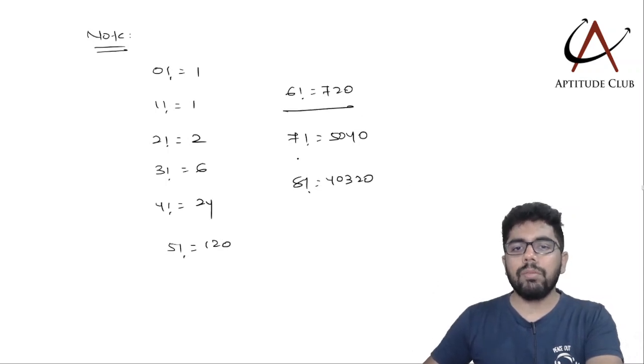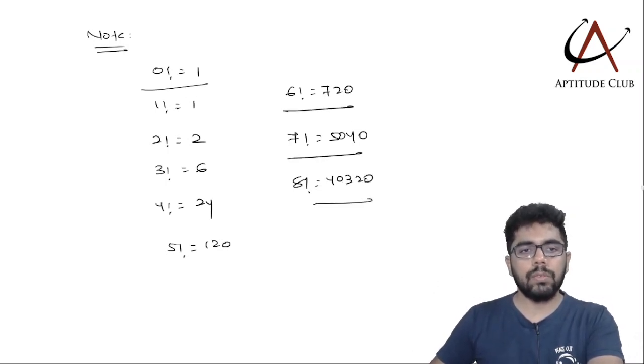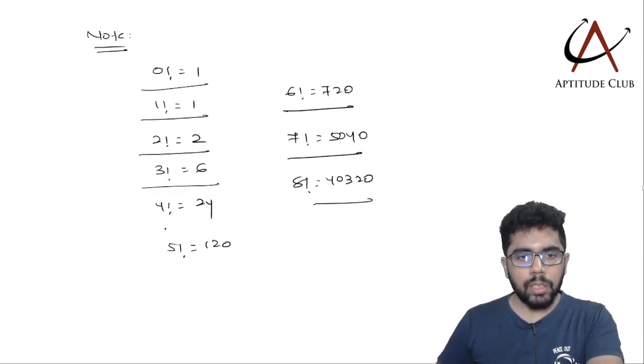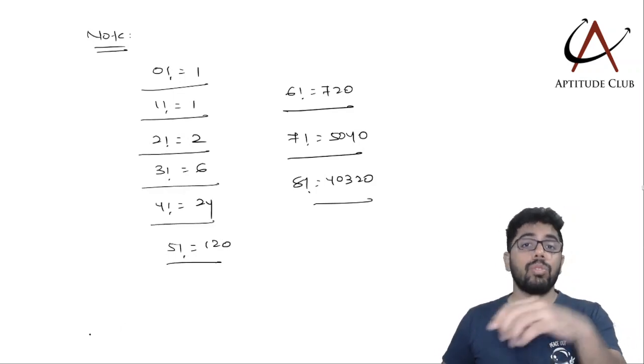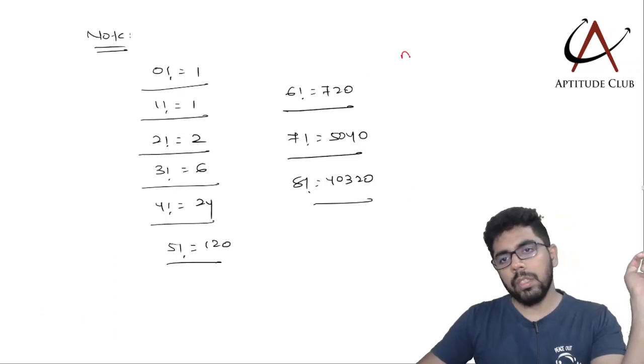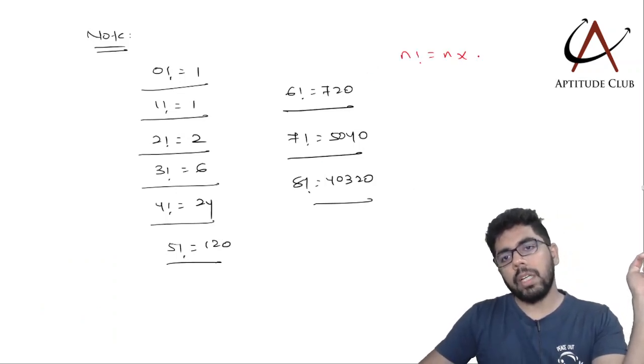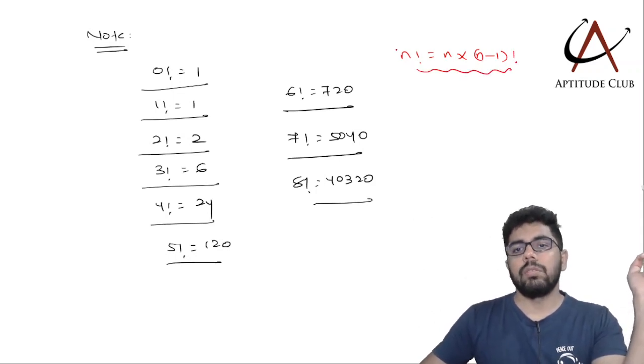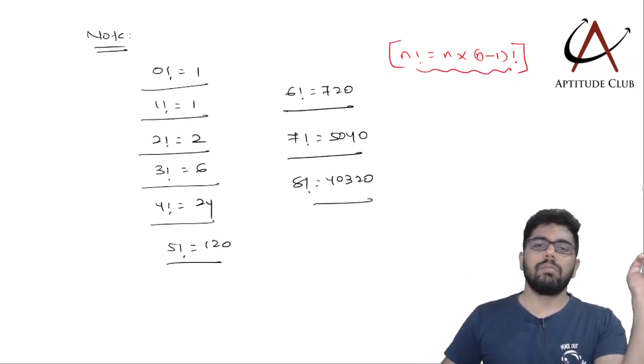At least be comfortable with the values till 8 factorial, so that you will find it easy to solve in the exam. Calculations will be faster. And one simple property, that n factorial is n into (n minus 1) factorial. This is used for expansion.